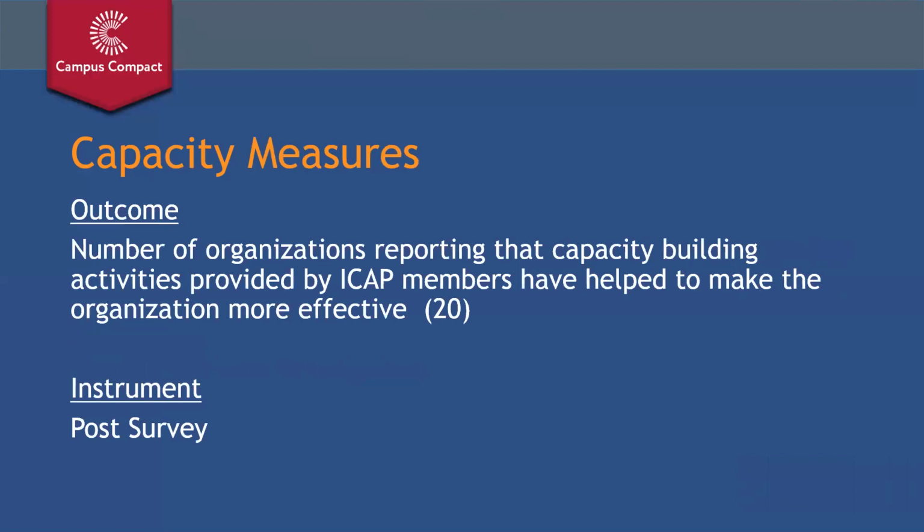For the outcome in this one, and this is one that I said was very likely going to change, we're going to have some sort of survey instrument, likely a post-survey instrument. Again, we're working with our researcher to identify what that might actually look like, and she's going to provide us with some recommendations, and we're going to figure out what we can actually do with the program and what makes the most sense, what's effective, and I would say what's realistic and what we have the capacity to do.